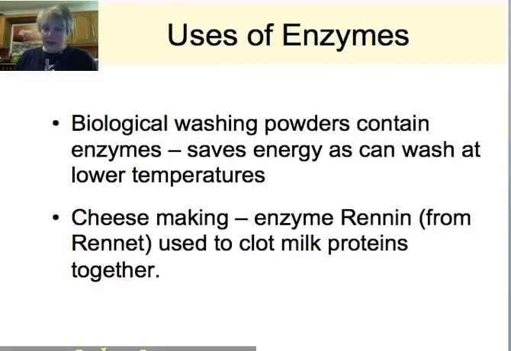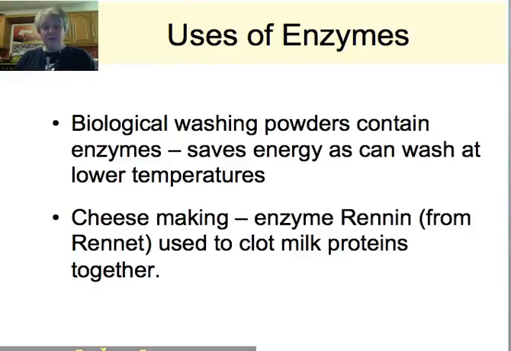So that saves energy, saves us money, and it also has the added advantage that it reduces the carbon footprint. In other words, the amount of carbon dioxide produced by energy that has had to be made for the electricity to do your washing. So there's benefits all around, more money in your pocket, and we're saving the planet as well.